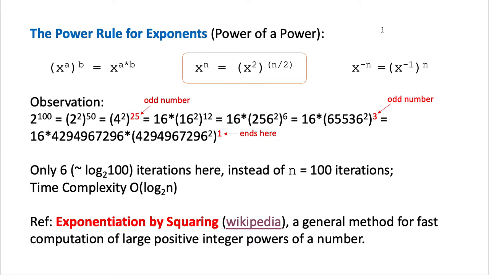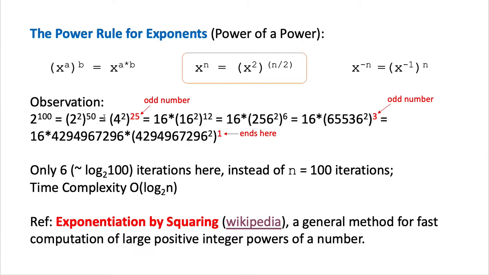Now, let's observe how this power rule for exponents can help us to solve the problem. Let's say the question asks you 2 to the power of 100. Instead of having 2 times itself 100 times, you square the base and divide the exponent by 2 respectively. So you have 2 squared to the power of 50.